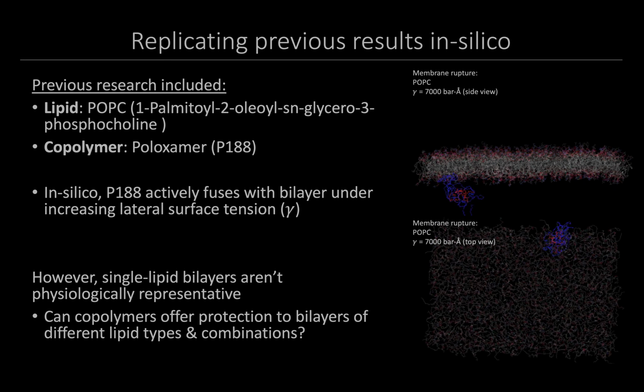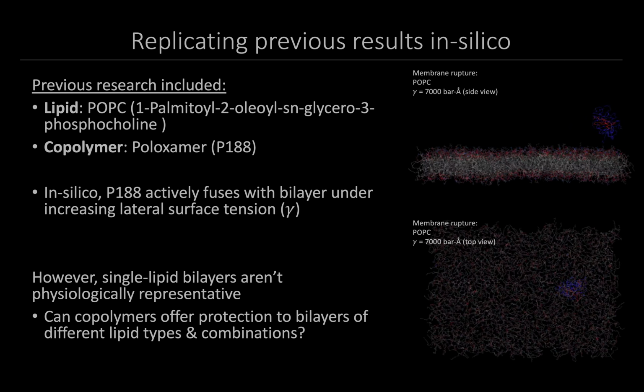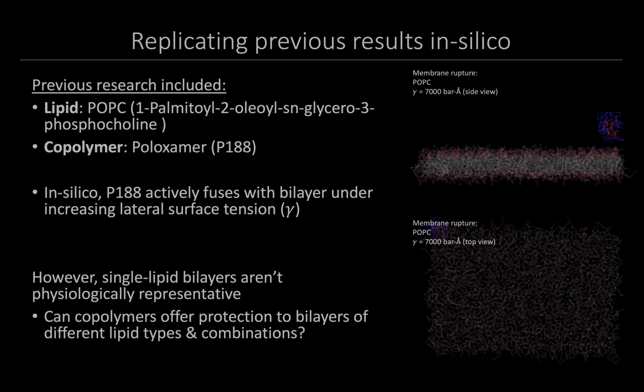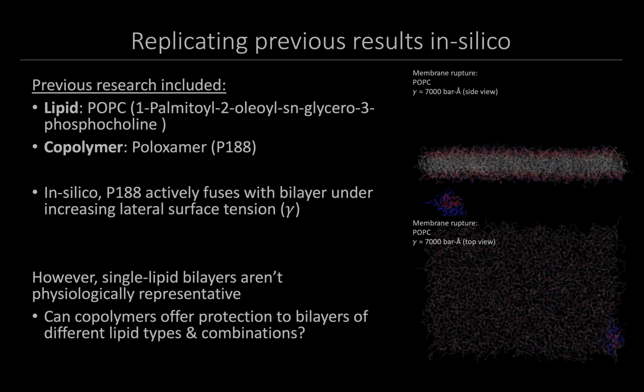At higher levels of surface tension, as the lipids of a bilayer are stretched from one another, the P188 copolymer actively fuses with the bilayer, potentially improving membrane stability as reflected by a higher level of lateral tension being required to rupture the membrane.